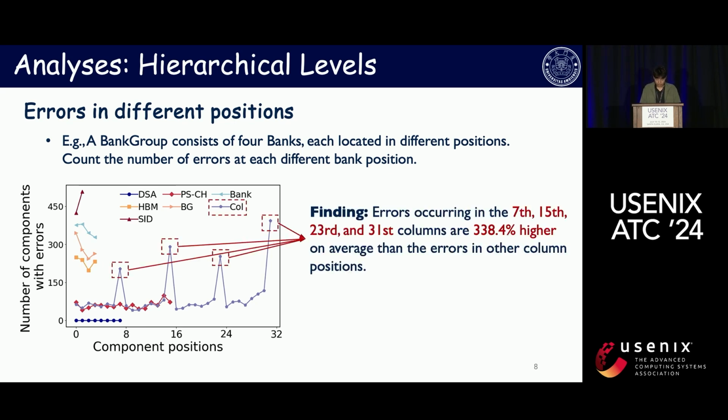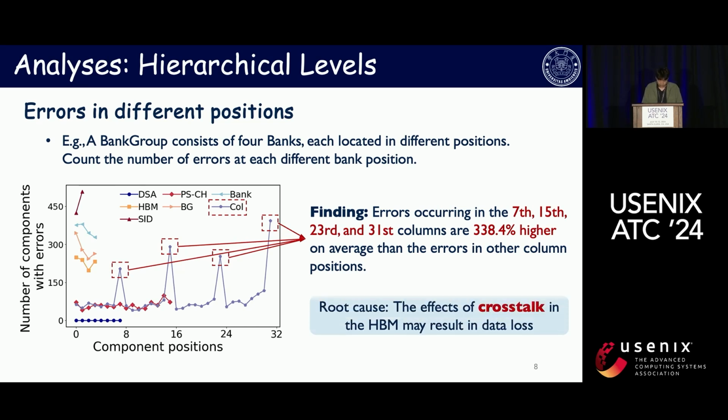We analyze the position across different levels and find that at the column level, errors occur significantly more frequently in specific column positions, specifically the 7th, 15th, 23rd, and 31st columns. This is due to the crosstalk in HBM causing severe data loss in the specific columns.